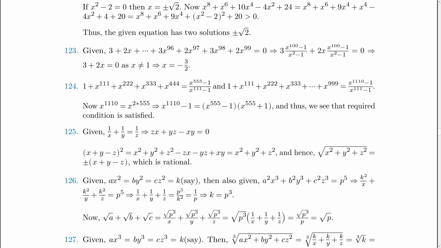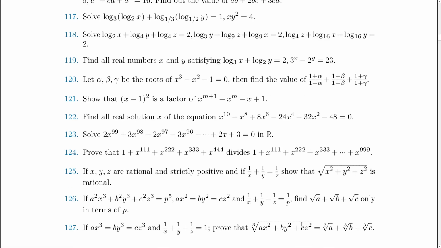So square root of a is square root of k by x. So that means the square root of p cube by x, because k is p cube, is square root of a and so on, and therefore we have the sum, and then we take out the square root of p cube, and the remainder which we have is 1 by x plus 1 by y plus 1 by z, which is equal to p, and therefore the sum is square root of p.